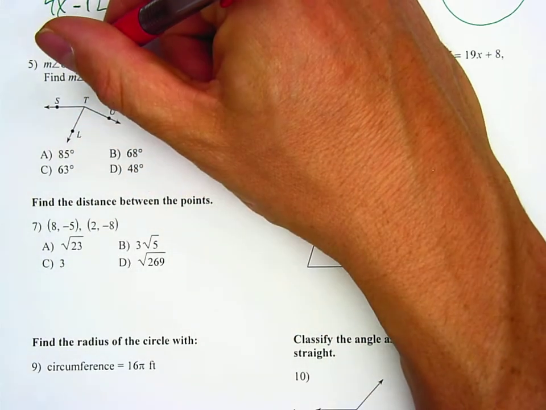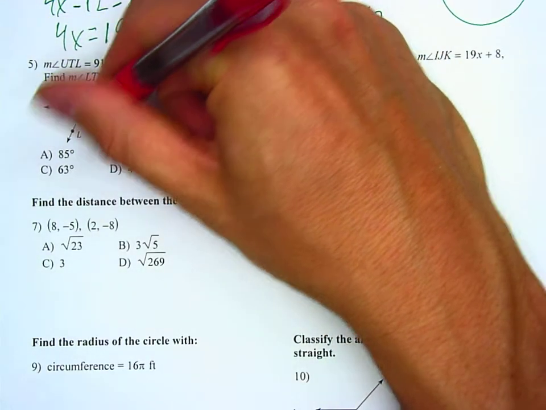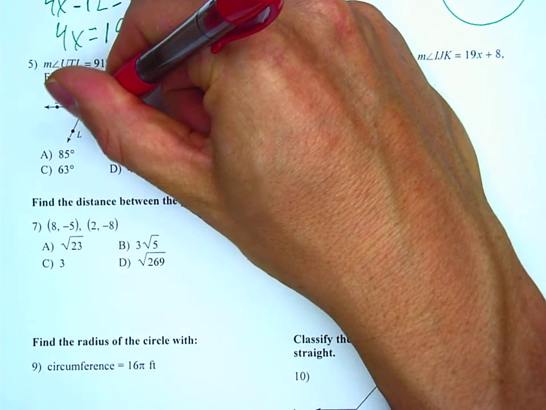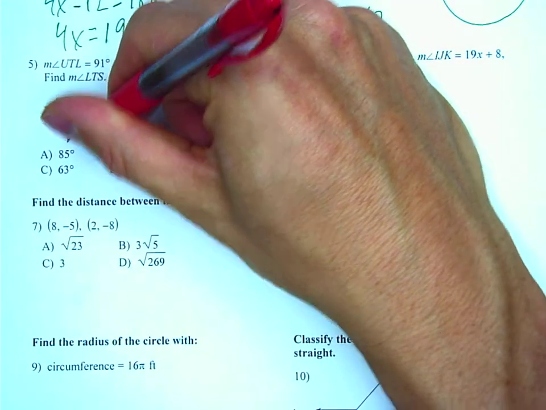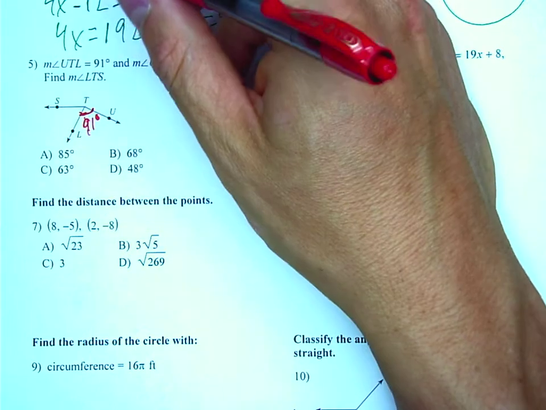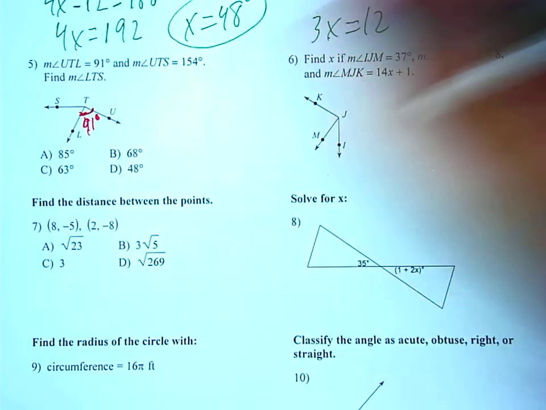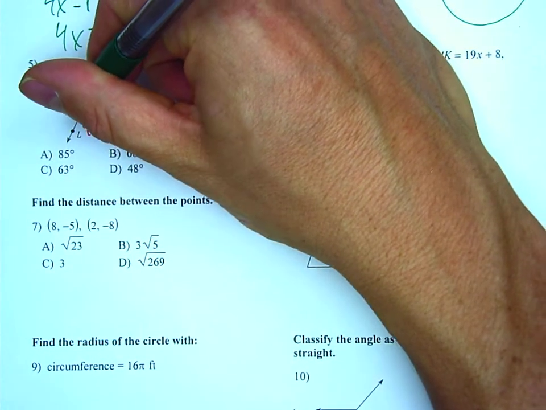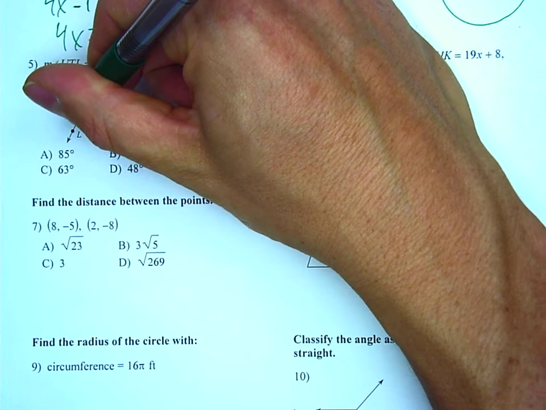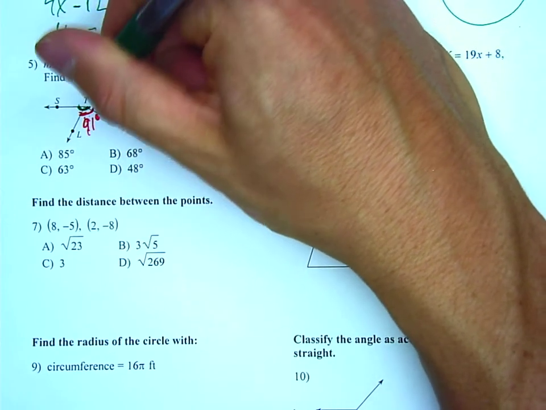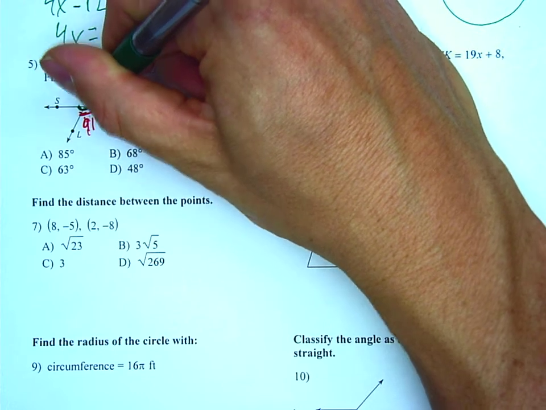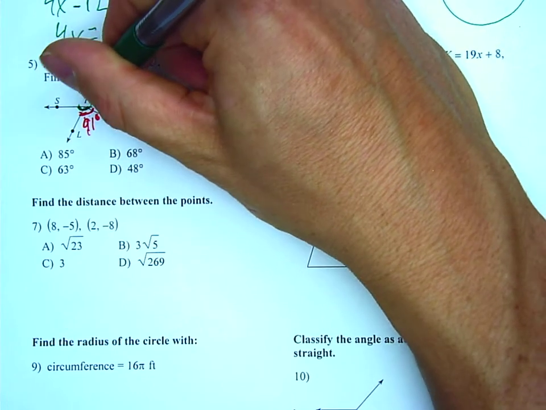So UTL is this angle here, this smaller angle. I'll put an arc with it, and a 91 as it's labeled. UTS is the entire angle, so I'll put a longer arc that goes from U to S, connecting U all the way to S through T, and that's 154. And you need to decide whether to subtract or add the angles.